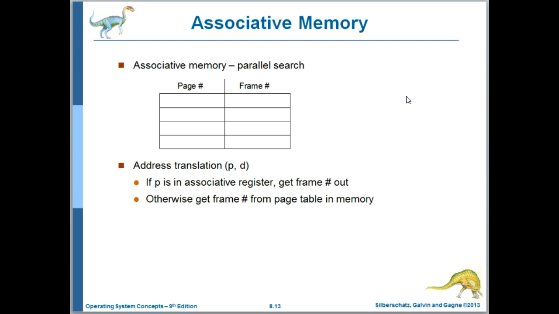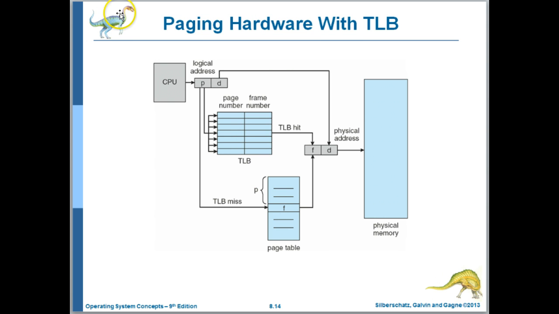A hit is when the page is found. Correspondingly, if the page is not found, that's referred to as a miss. So this illustrates it. Upon the CPU generating a logical address, the page number is associatively searched in the TLB.